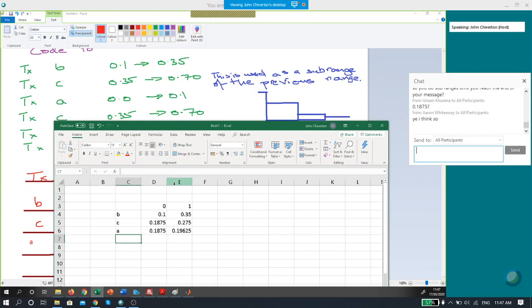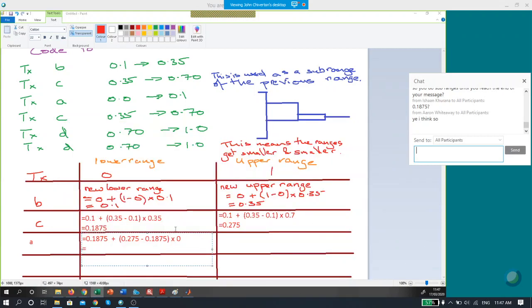And then for letter C, well, let's put those values into the sheet first. So we've got 0.1875 there. And then over here, copy that. Oops. Okay, so we've got the same values except for 0.1 there.